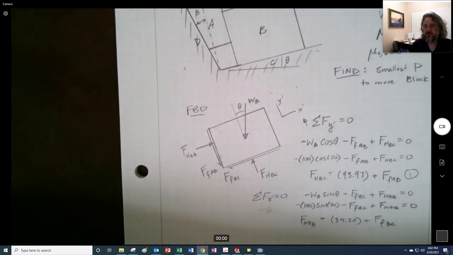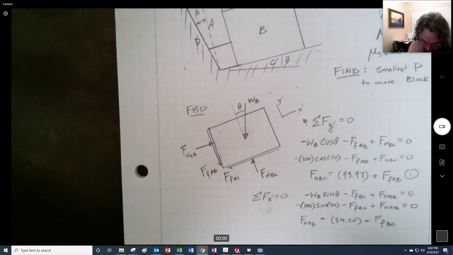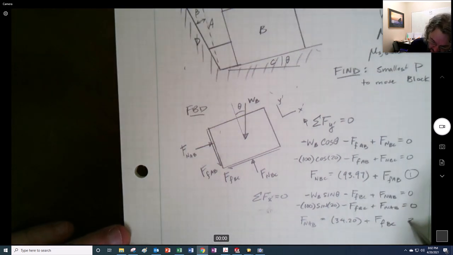It's going to be interesting. All right, so that's equation 2.